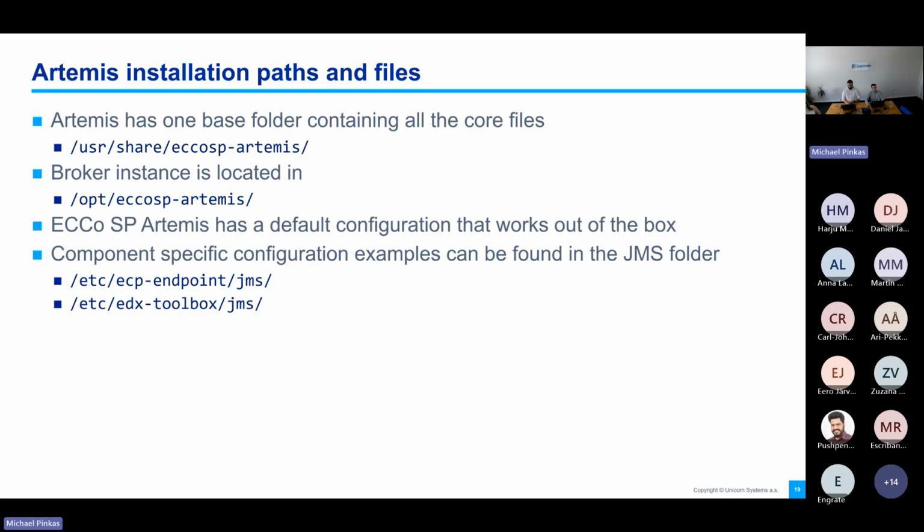However, the configuration there is common for both endpoint and toolbox. It is not strictly configured for one or the other. For the specific configuration, you should go to the ETC ECP endpoint or EDX toolbox JMS folder. We will show that once again on the server, so you don't need to worry about it.